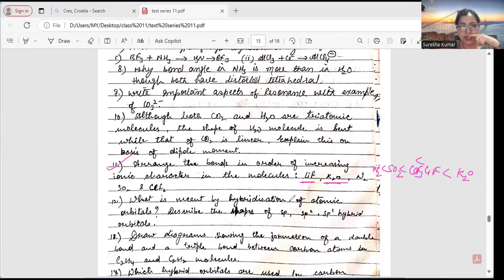What is meant by hybridization of atomic orbitals? Describe the shapes of sp, sp2, sp3 hybrid orbitals. So here you have to write down the definition.